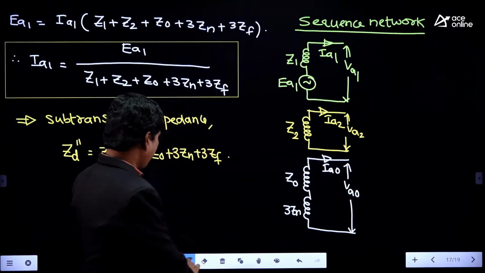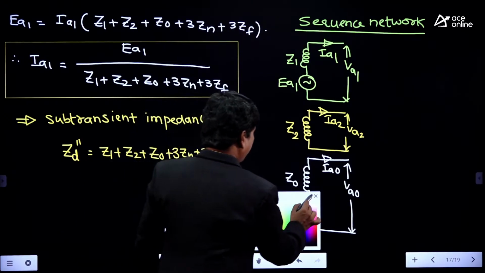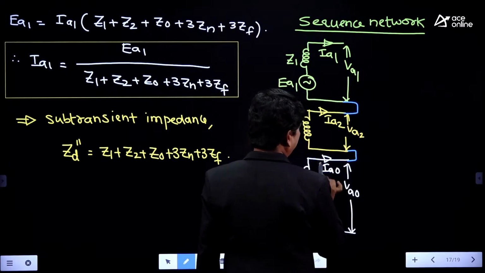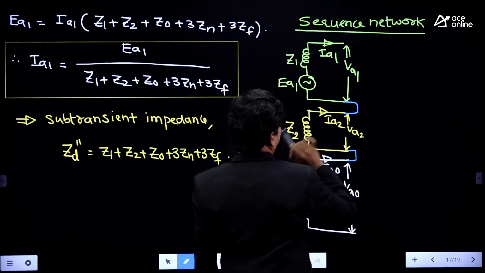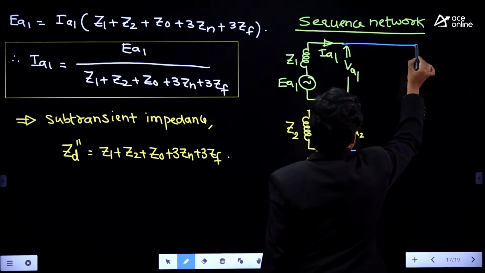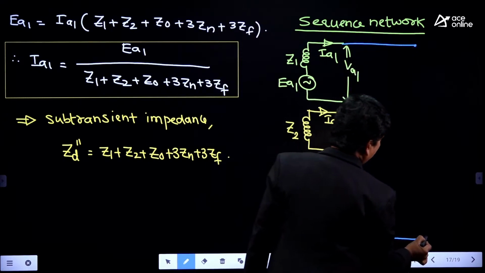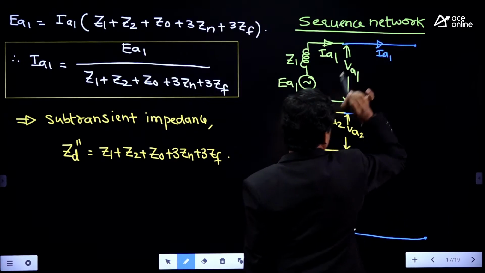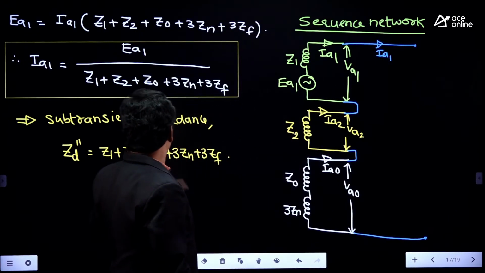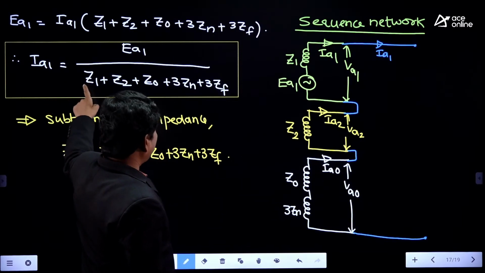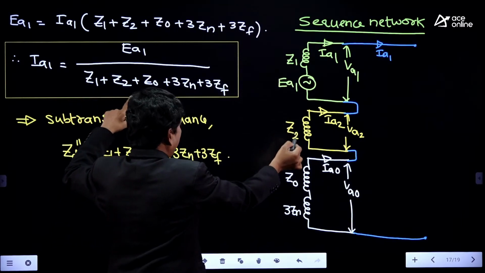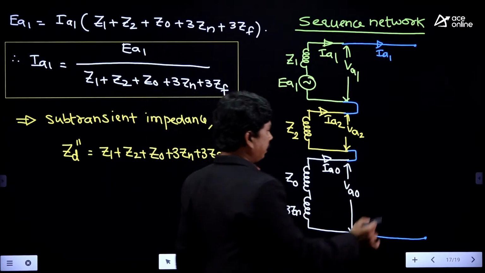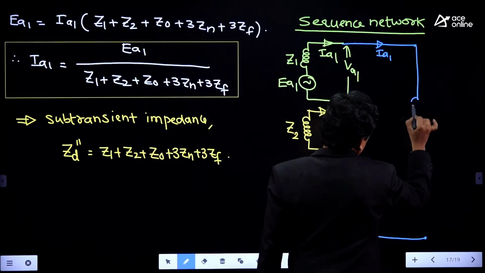And as discussed already, these three should be connected in series. IA0 is equivalent to IA2 is equivalent to IA1, and these are the terminals outside. The current flowing here is IA1, and whenever you are calculating the value of IA1, the impedance should be Z1 plus Z2 plus Z0 plus 3Zn plus 3ZF, and that ZF should be here.